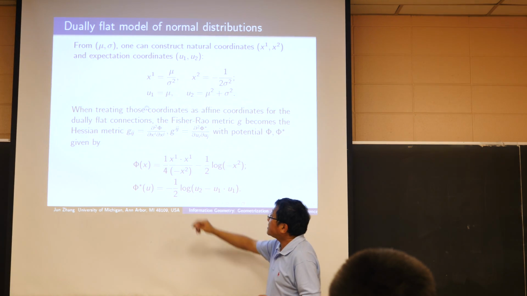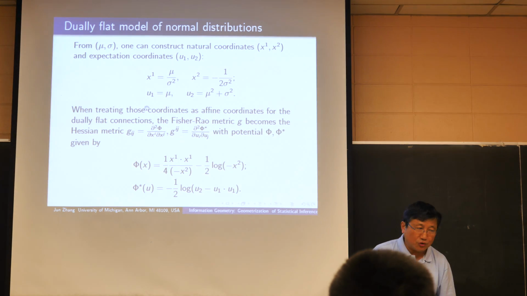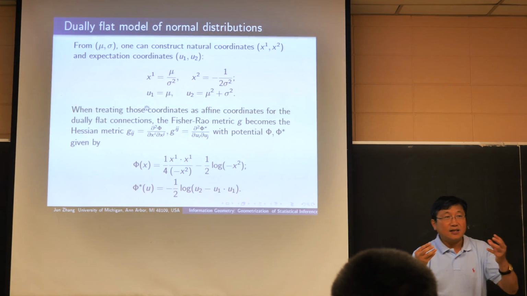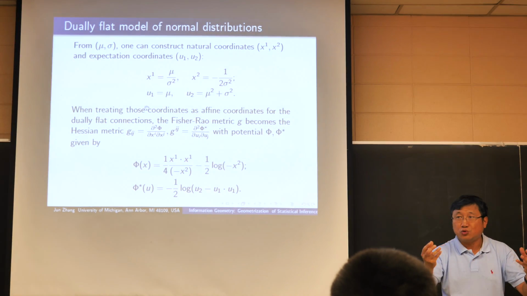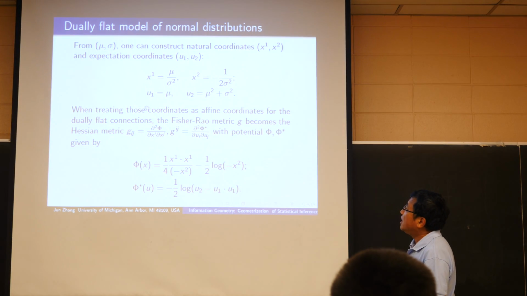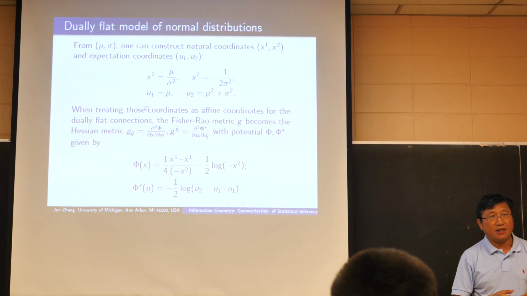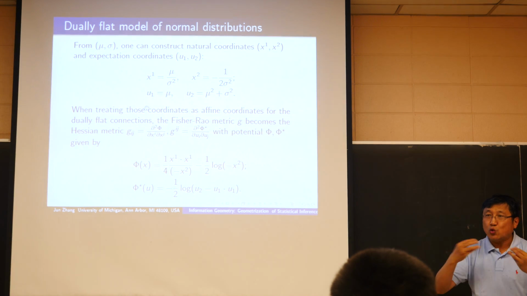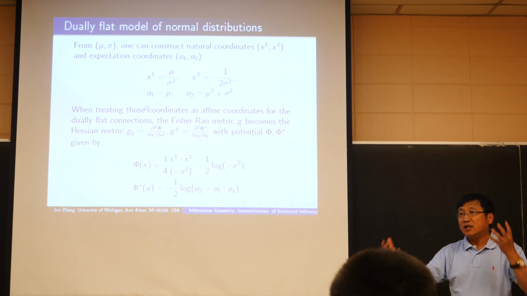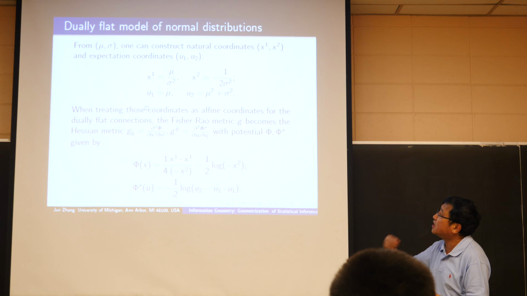There is a potential function associated with x, and there is also a potential function associated with u. Furthermore, these x and u are what is known as Legendre dual. The normal distribution belongs to a family known as the exponential family, which enjoys a very nice duality, as revealed by the fact that there is a pair of conjugate potential functions, each inducing a coordinate.